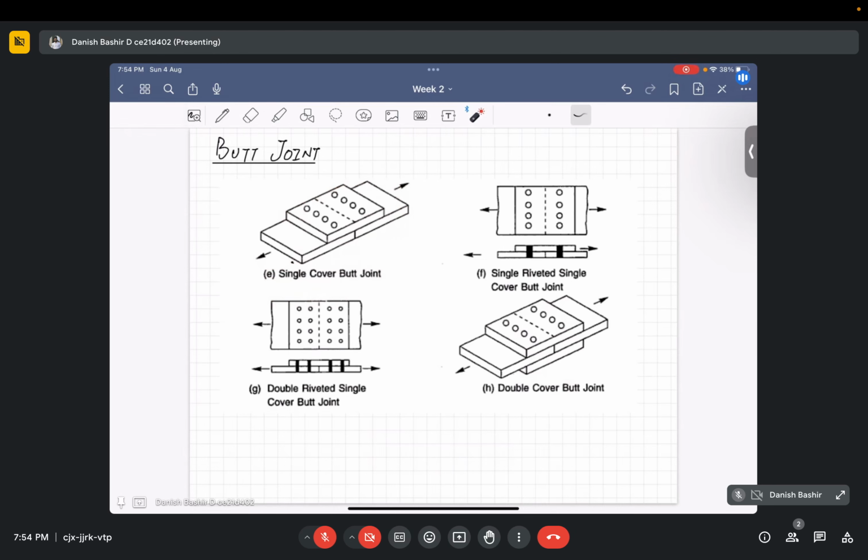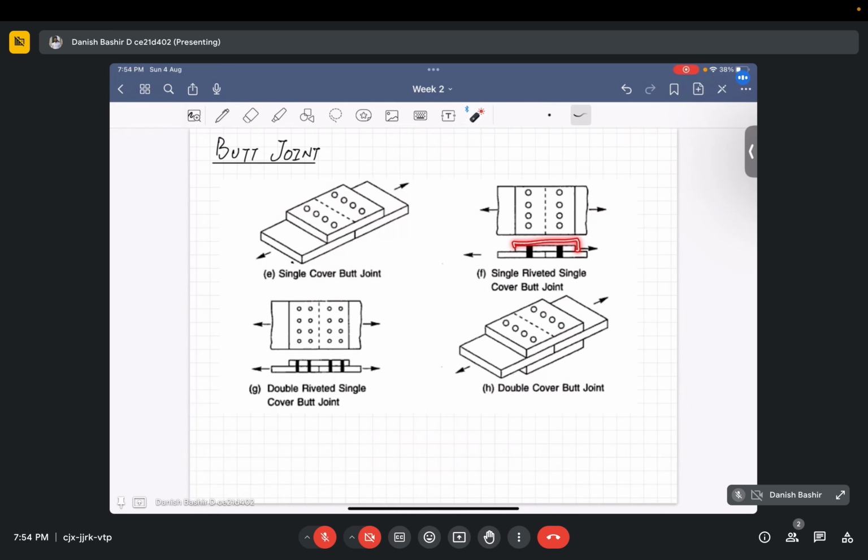If it is placed on both sides, like this and this, it is known as a double cover butt joint. So the forces will be transferred like this. Here I can show you a single riveted single cover butt joint.